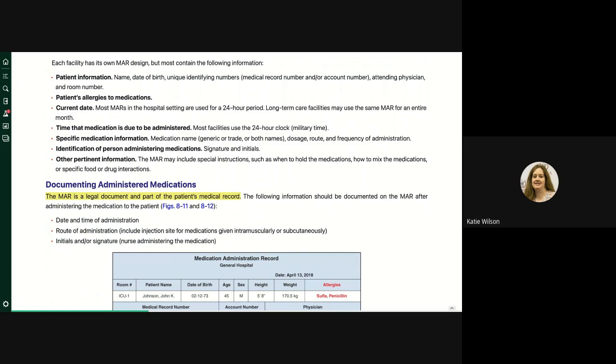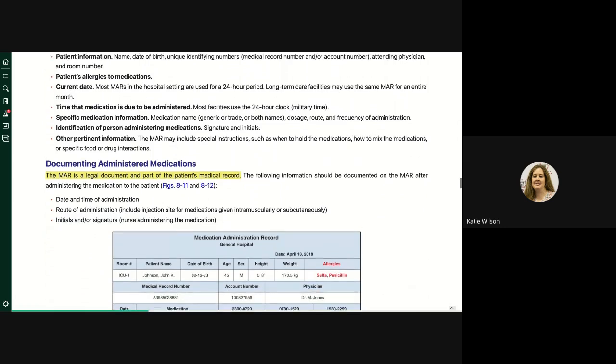We want that to be readily available so we don't administer anything they might be allergic to. We'll need the current date, the time the med is due to be administered, specific administration information, and then identification of the person administering the medication, so that once you give the medicine, as the nurse, you would sign or initial that you had administered it.